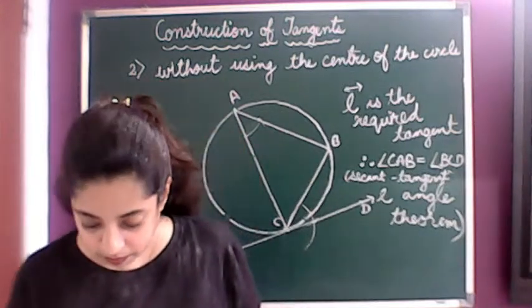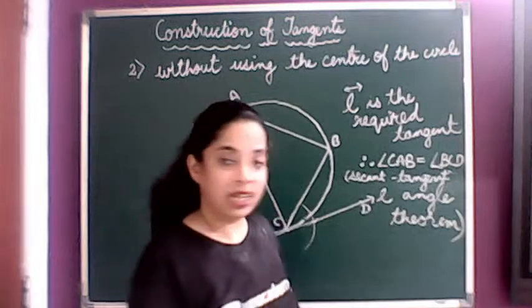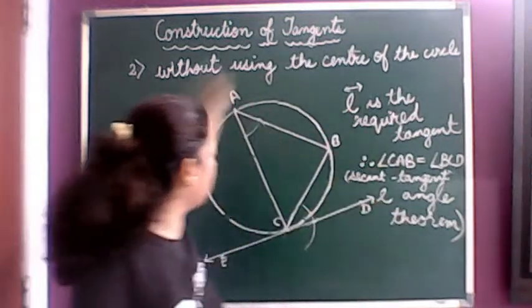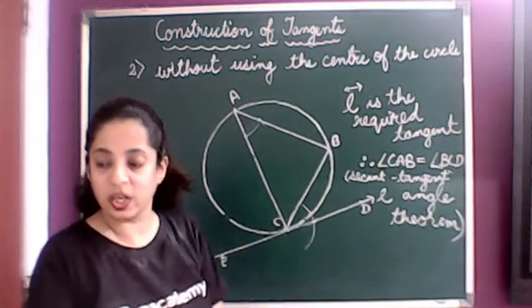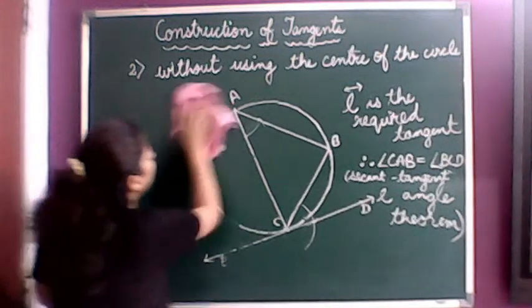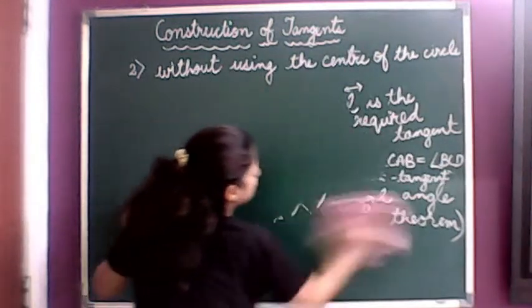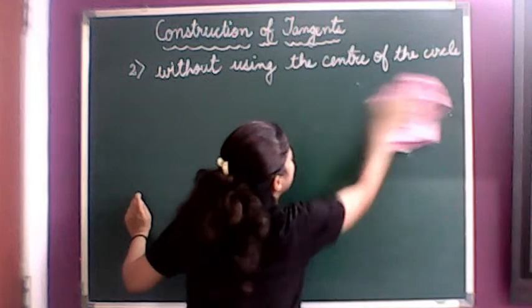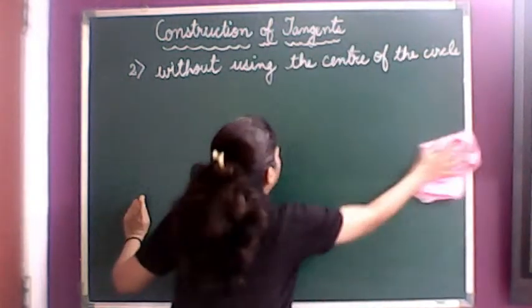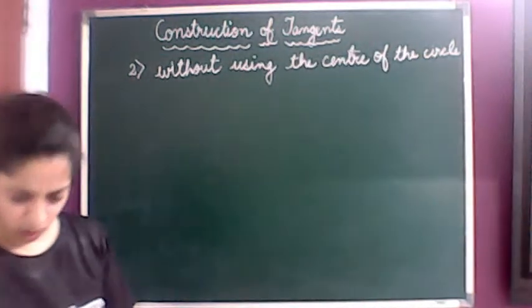Okay, now shall I draw this once again for you, taking another center so that it is clear to you? I will make one more without using the center of the circle. Let's draw it quickly.